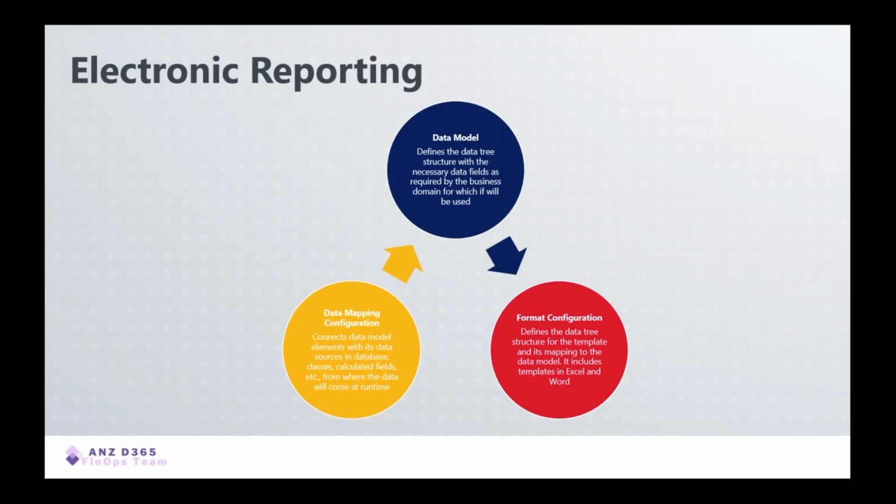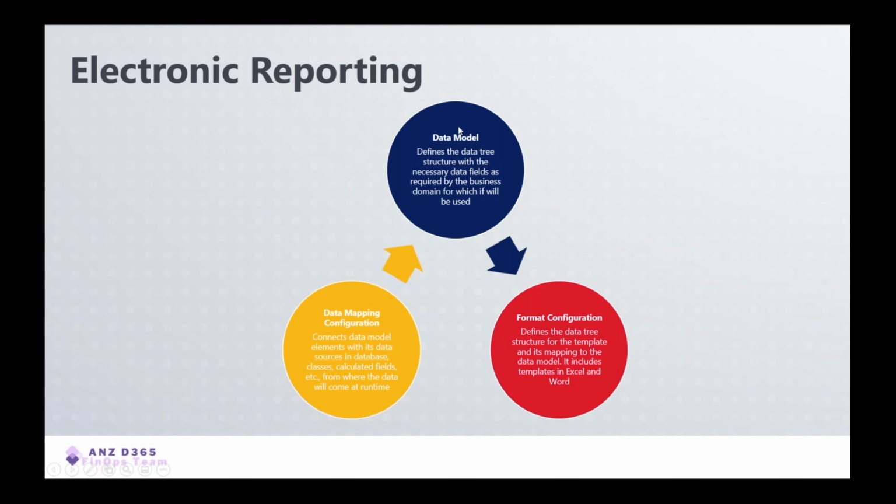For example, in your purchase order report, you will need your vendor account, vendor details like purchase order number, terms of payments, and maybe item name, item number, your GST and other stuff. So all these data types will be defined in your data model. I'll show you in the system how we actually create it.